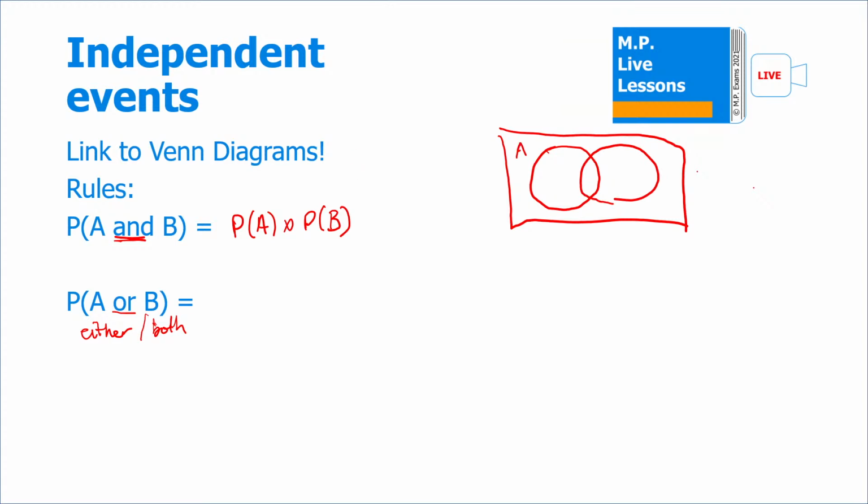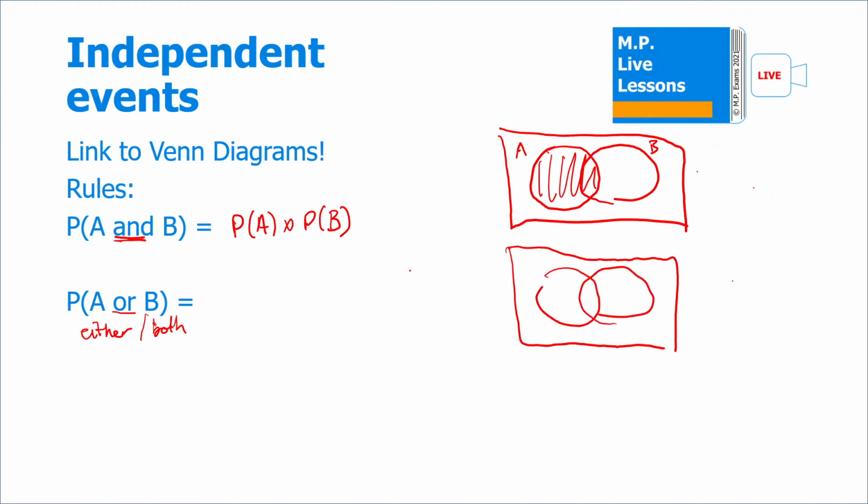For example, if we have A here, we draw another diagram. We have B here. If we shade in B, we can see that this intersection is counted twice.